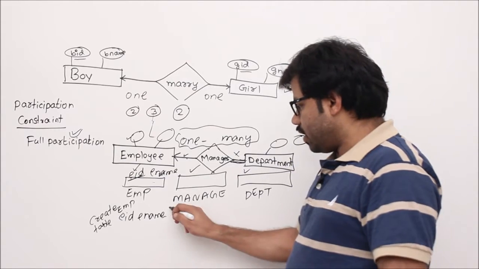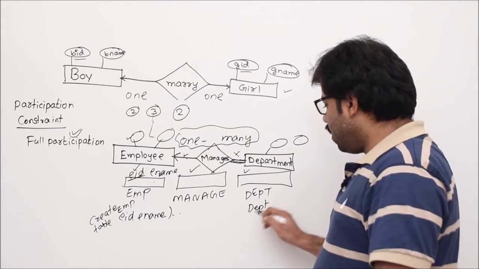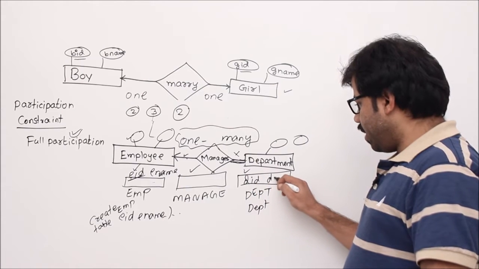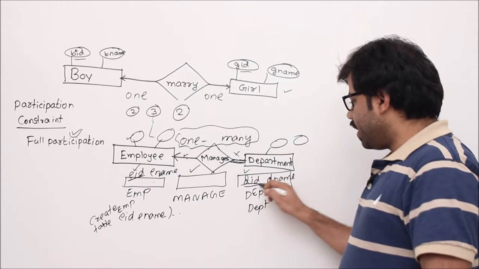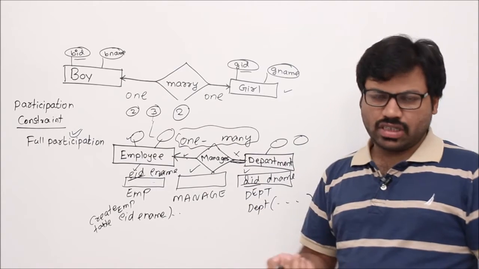That's it. Let's close it at this moment. Now department, how to create the department table? Create the department table and mention department ID and department name, where department ID is a primary key. Everything we do whenever we write create table syntax.